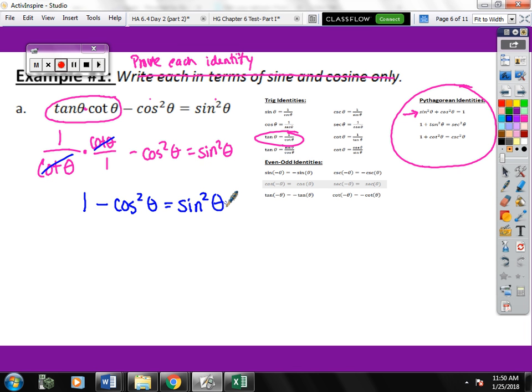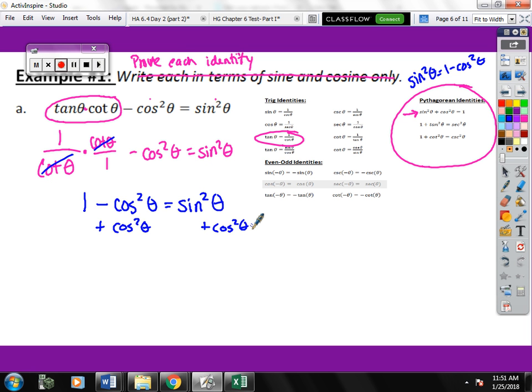Okay, now you either need to get it to look exactly like this using inverse operations, or some of you will have on your formula sheet that sine squared equals 1 minus cosine squared theta, like when we did all the adaptations. If you do that, you can say sine squared equals sine squared. You have to write it though. Or if you don't have all of those written on, you can use inverse operations to add cosine squared to both sides.